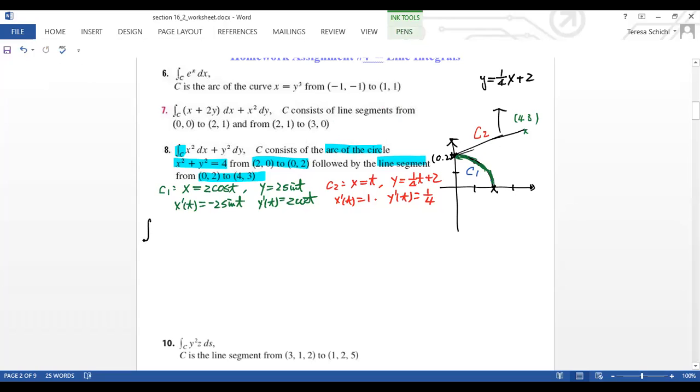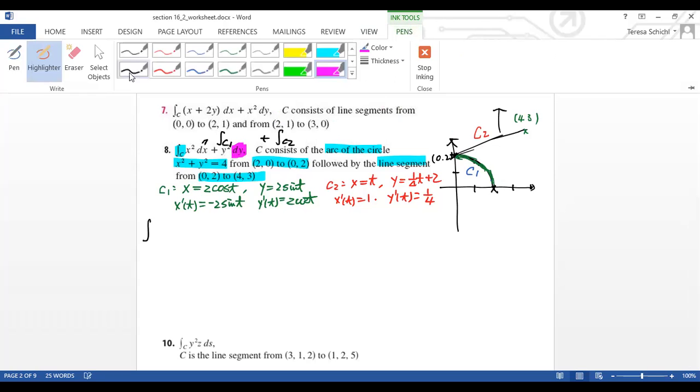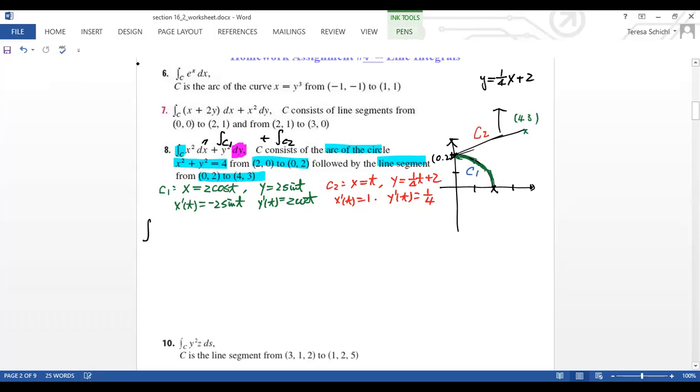Okay, now let's try to do the integration. From the previous, I need to integrate over each one here. I can separate this into C1 plus C2, right? And one thing, be careful, this is dy here, okay? So we need to pay attention to that. Now for C1, my x equals 2 cosine t.